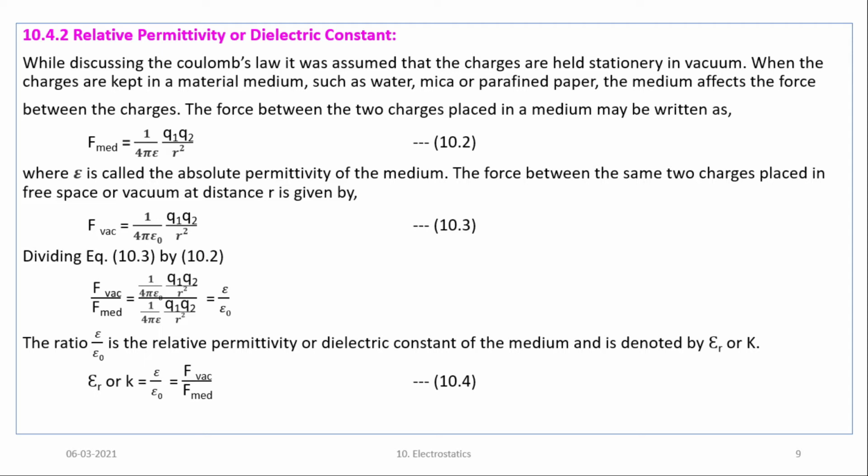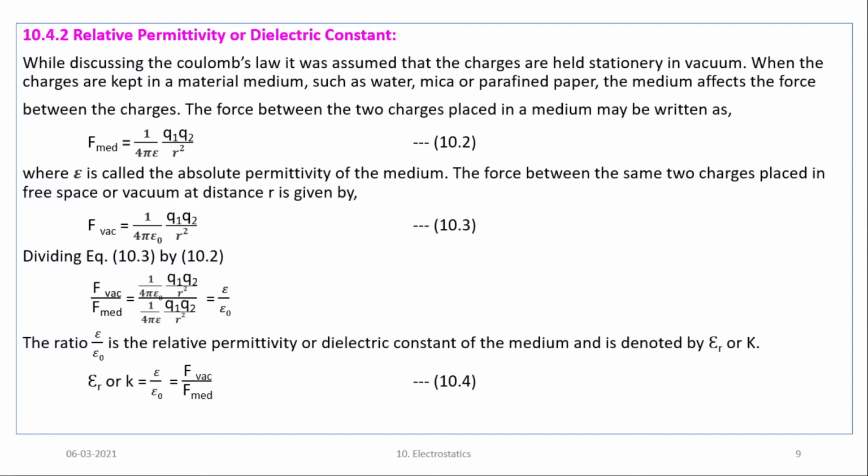Now if the same charges are placed in vacuum and separated by the same distance r, then we get the force of interaction F vacuum is equal to 1 upon 4 pi epsilon naught Q1 Q2 upon r square, where epsilon naught is the permittivity of free space or air or vacuum.